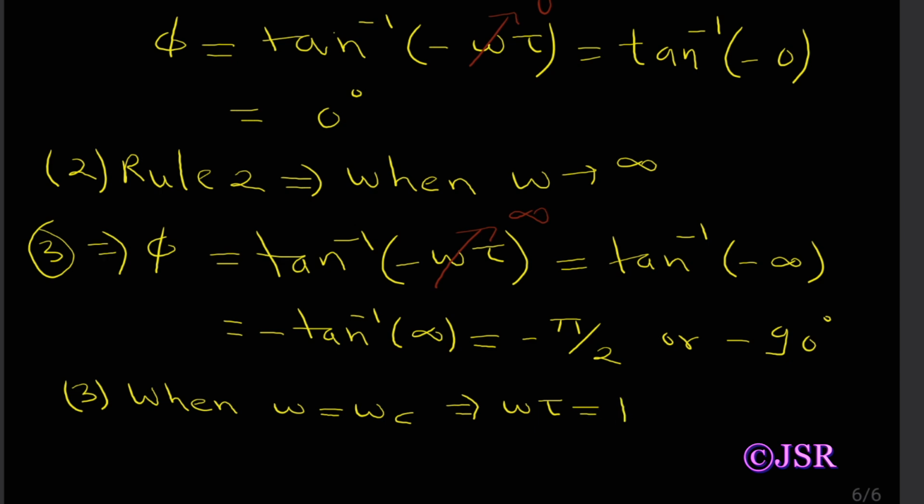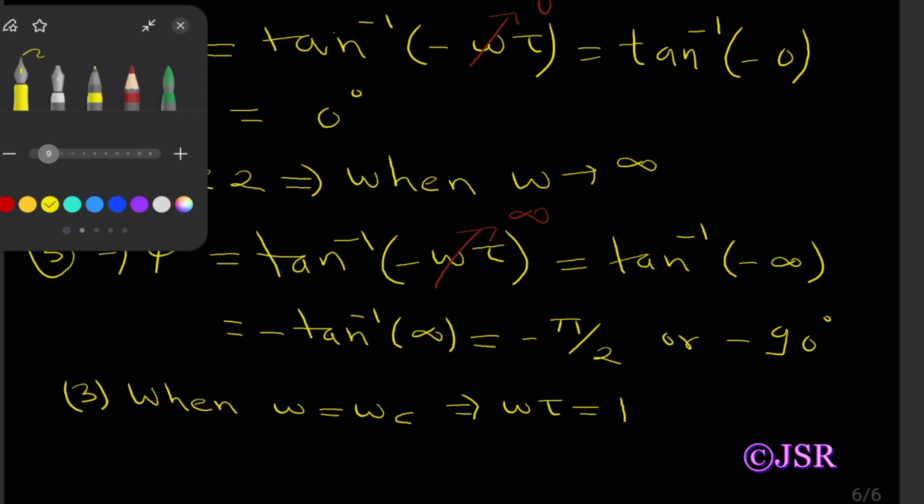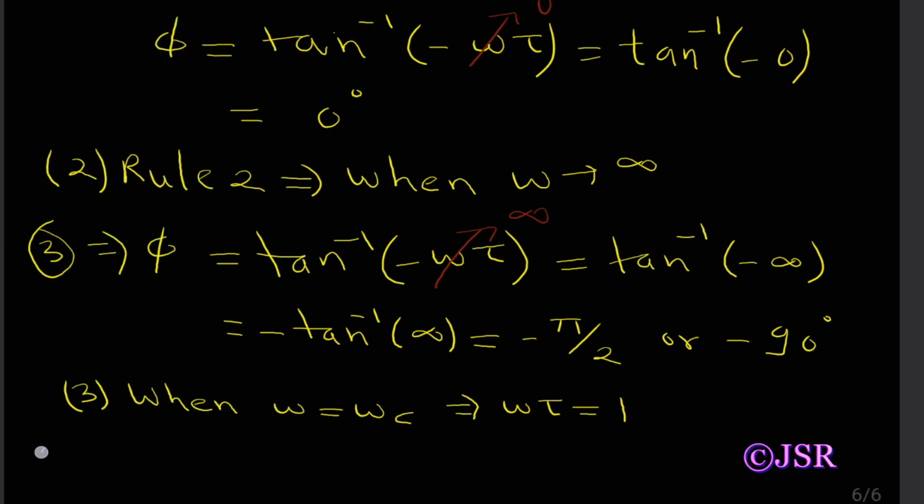It means from equation 3 we will have phi equal to tan inverse minus omega tau, and omega tau equal to 1.